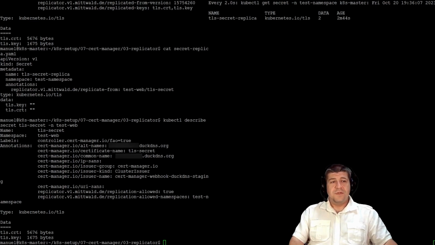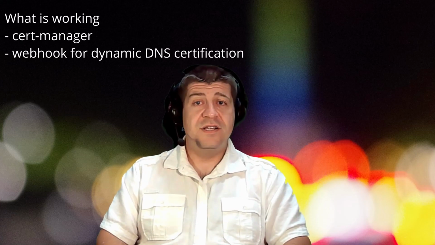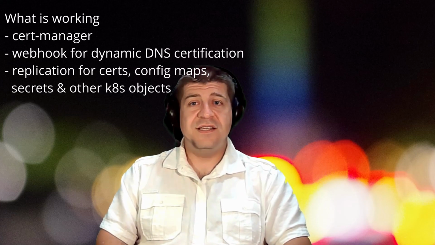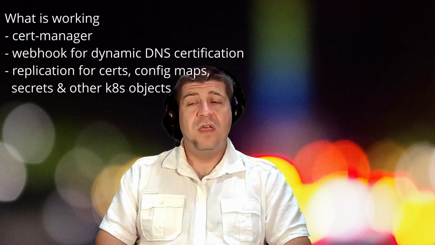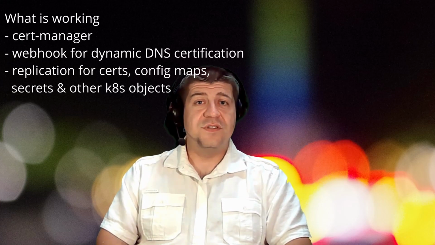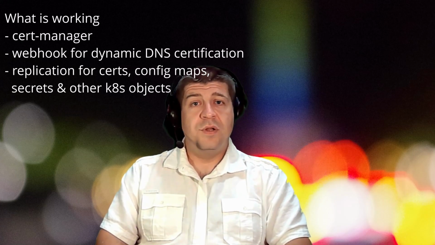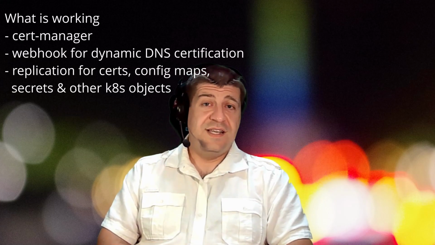With that, what's working? We have a cluster, we have the certificate manager, a webhook, and now with the latest application that we deployed, we can replicate secrets and certificates to make sure we don't have to request them several times for the same domain, and can use them in other deployments. What's next?